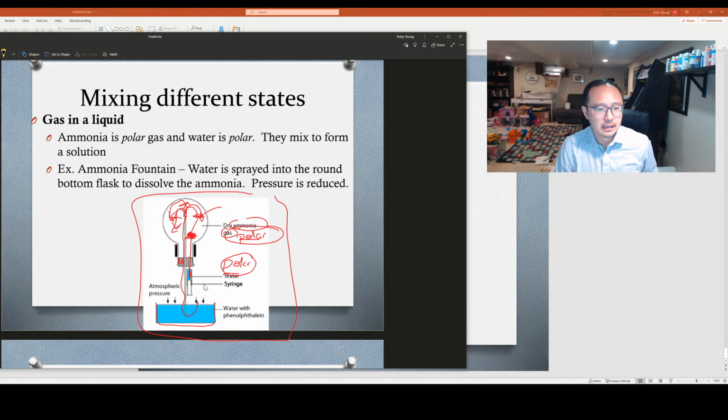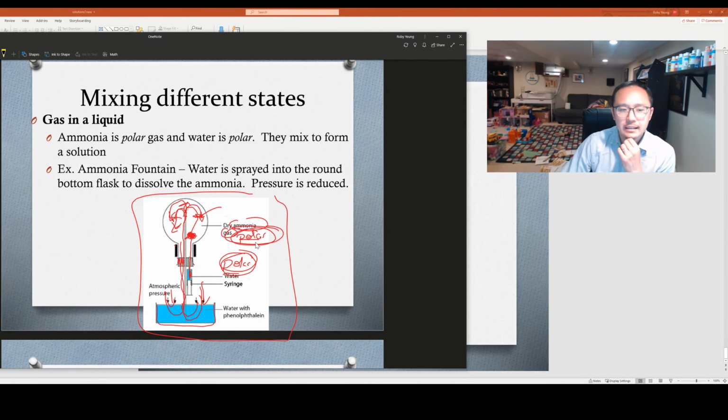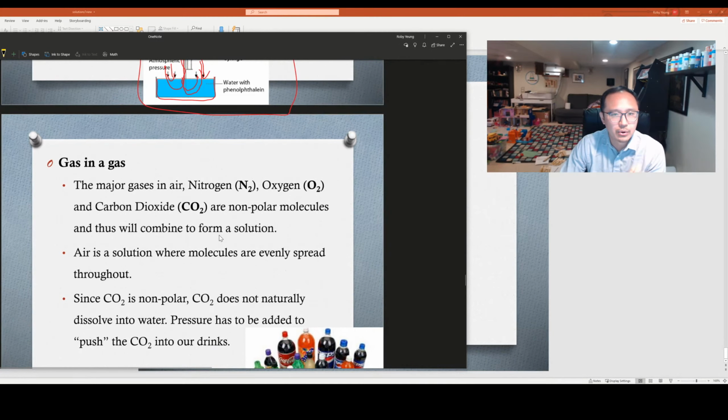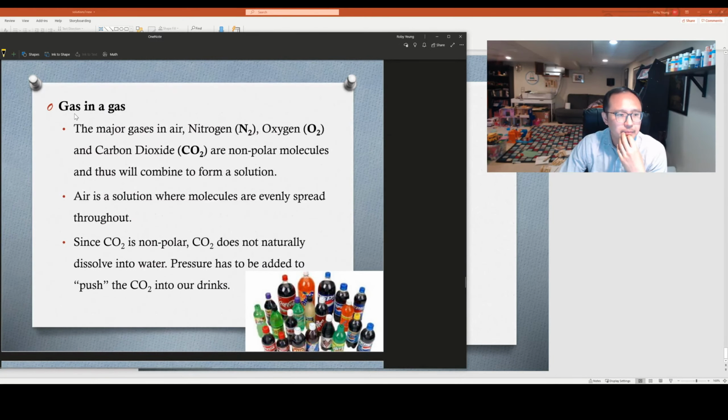That means the pressure inside drops, and you have atmospheric pressure on the outside, so you have that pressure difference. Atmospheric pressure pushes the water up, and that's how this works, right? This only happens because of the polarity between the ammonia gas and water. Does that make sense? You guys remember that, right? That's your ammonia fountain.